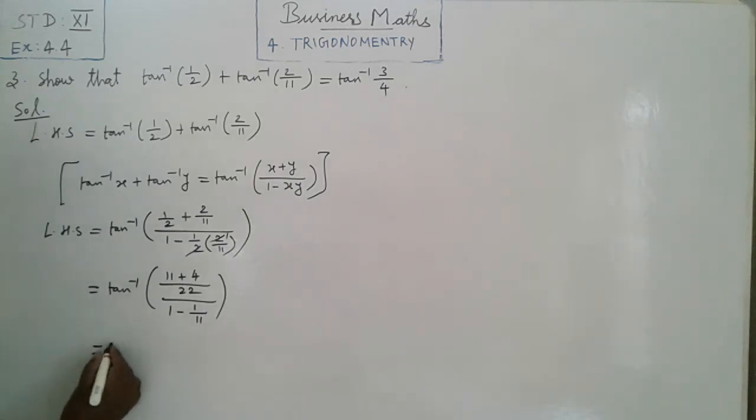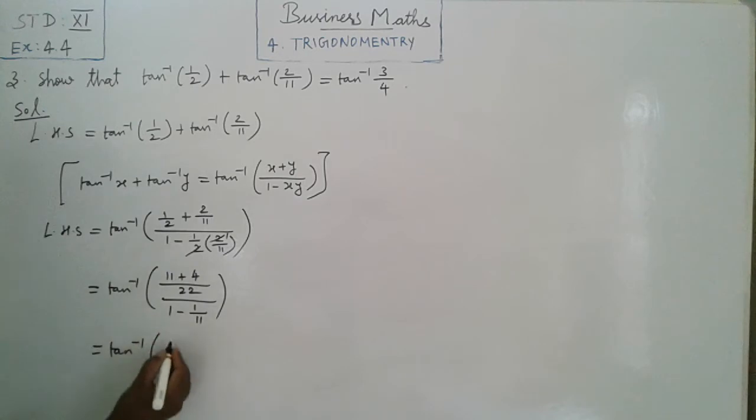That is equal to tan inverse 11 plus 4 is 15 divided by 22, divided by 11 minus 1 is 10, 10 divided by 11.